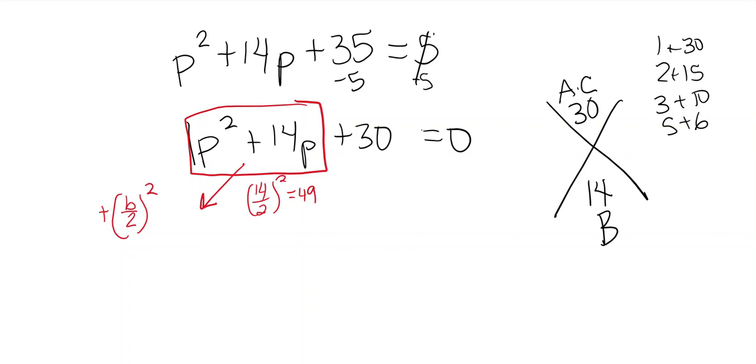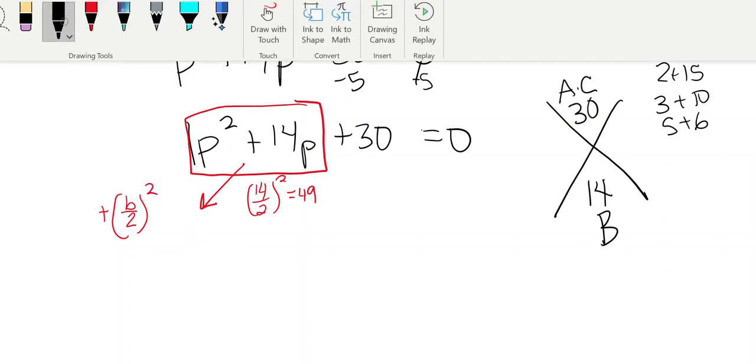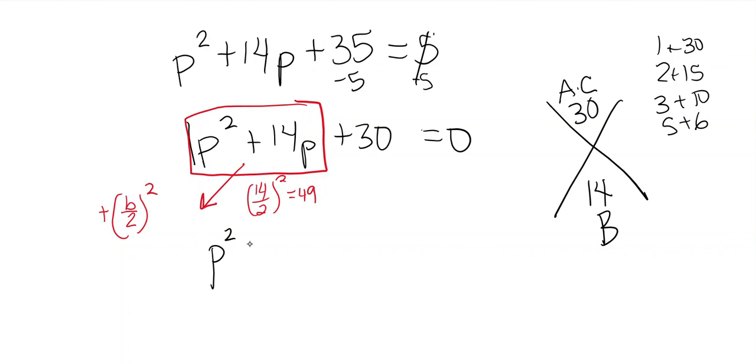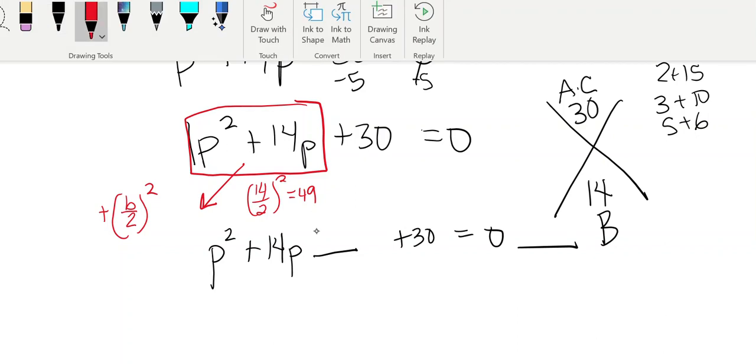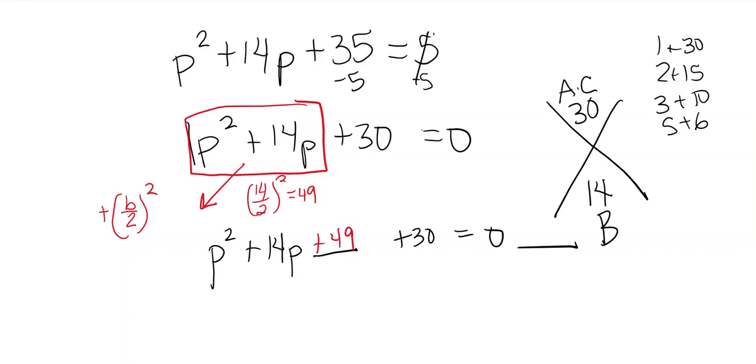So we've got p squared plus 14p, and we are going to add 49 to both sides of the equal sign.